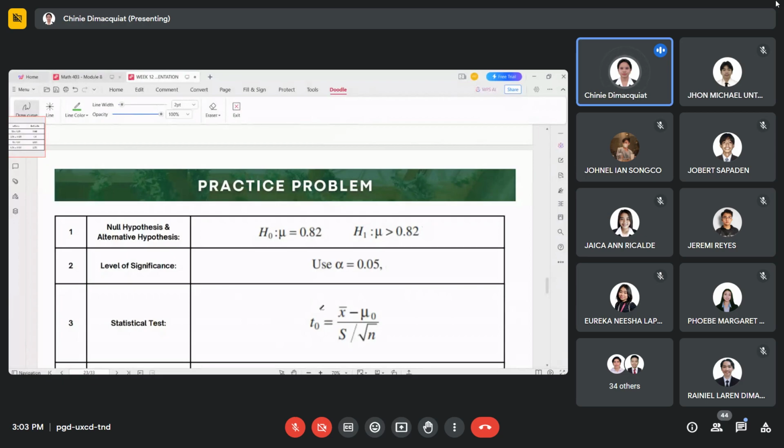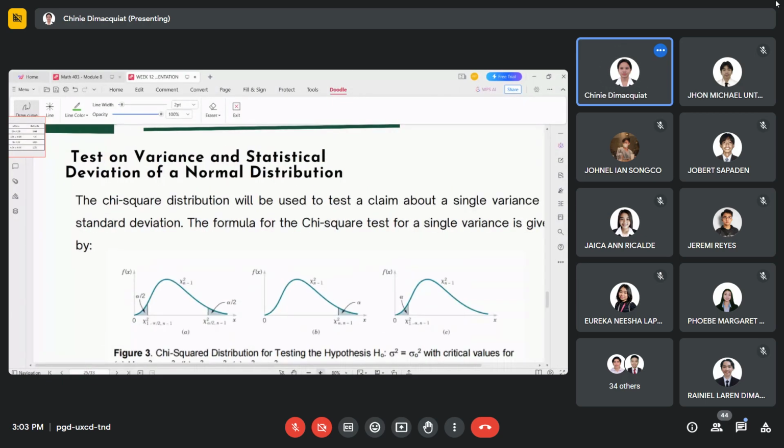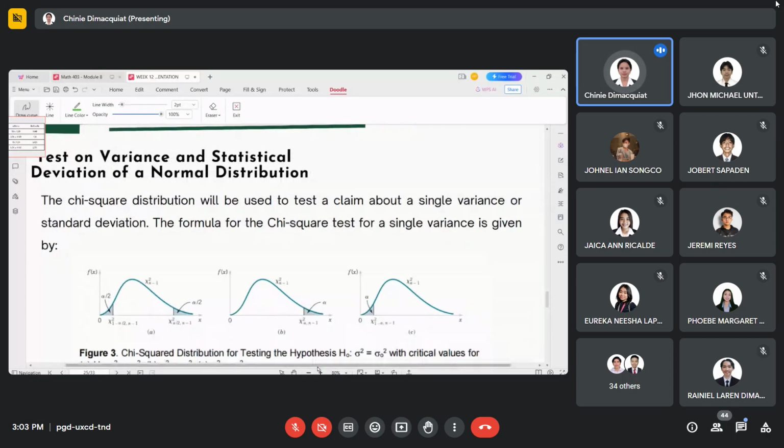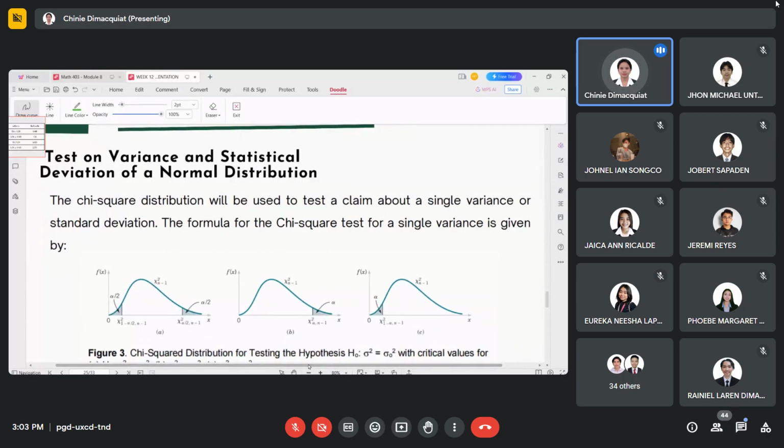So, test on variance and standard deviation of a normal distribution. Same process still. The 7 steps are still what we will follow. The only difference is our critical values. Because this is a test on variance, variance is our parameter.